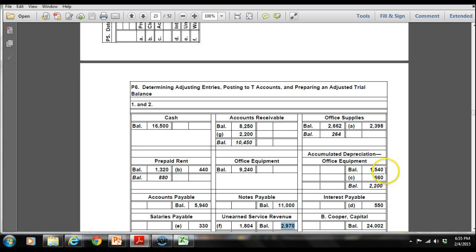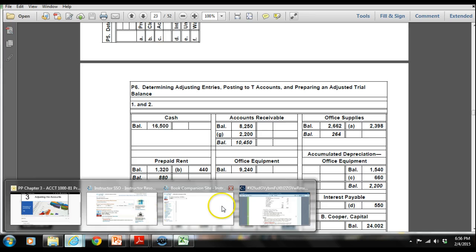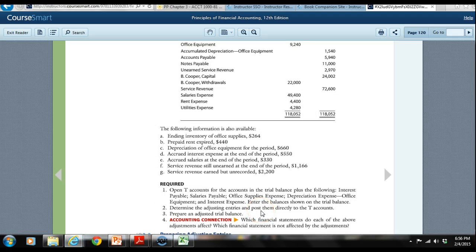You already have a balance in there of $1,540. Below that balance, you're going to put a C and a credit of $660. Okay? Does that make sense? Good. Next, D.